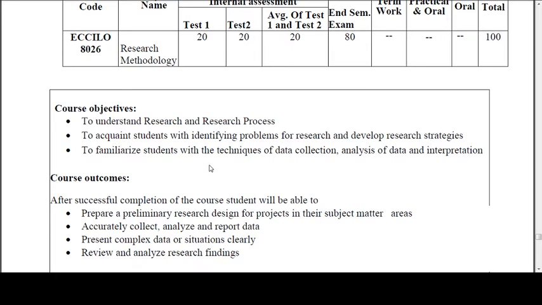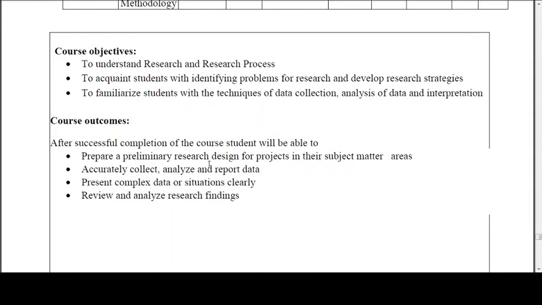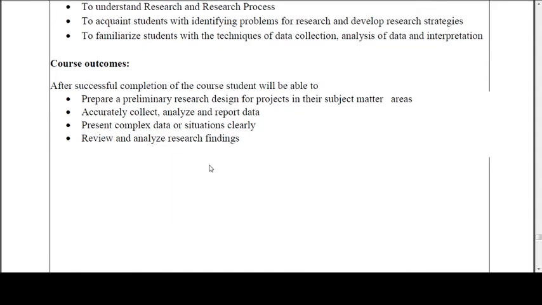So after successful completion of this course, what are the outcomes? What are the benefits to the students? After successful completion, the student will be able to prepare a primary research design for projects in their subject matter areas. For example, your final year project, how you can define the project selection in electronics or any branch.